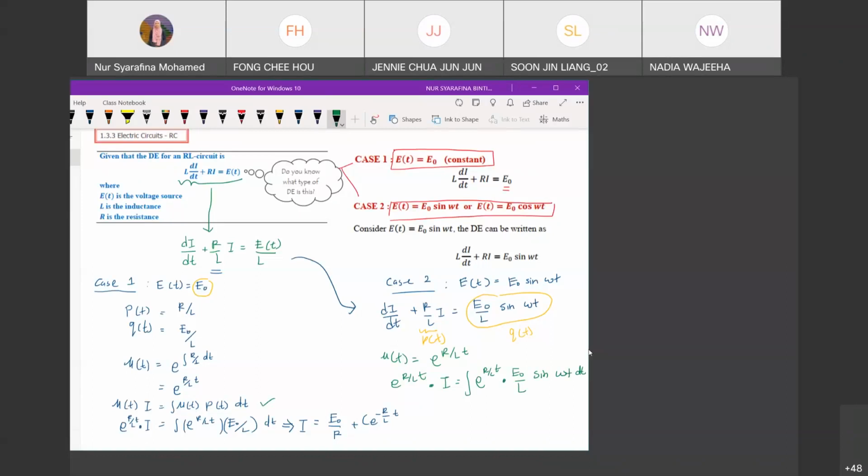So the process here is you need to integrate this by parts or by tabular method, which I believe all of you have learned. All right? Is that clear, everyone? For case 1 and case 2.